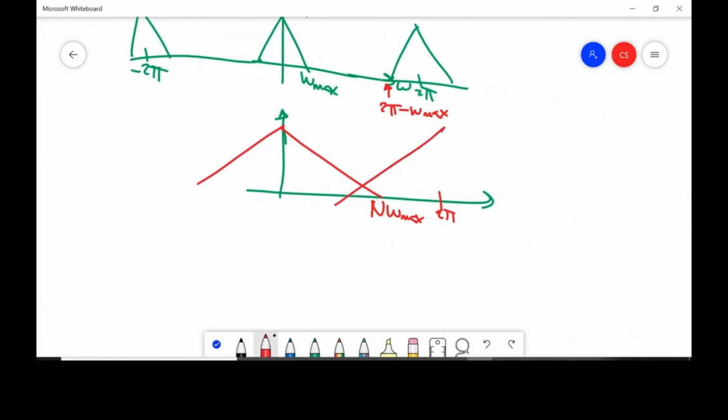This copy will go to this point here, 2 pi minus n omega maximum. And this overlapping area is the one at which we have aliasing.